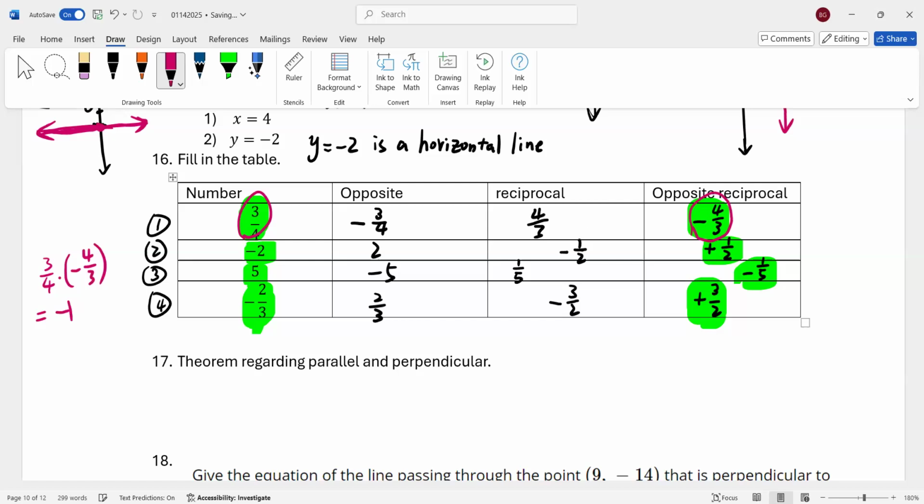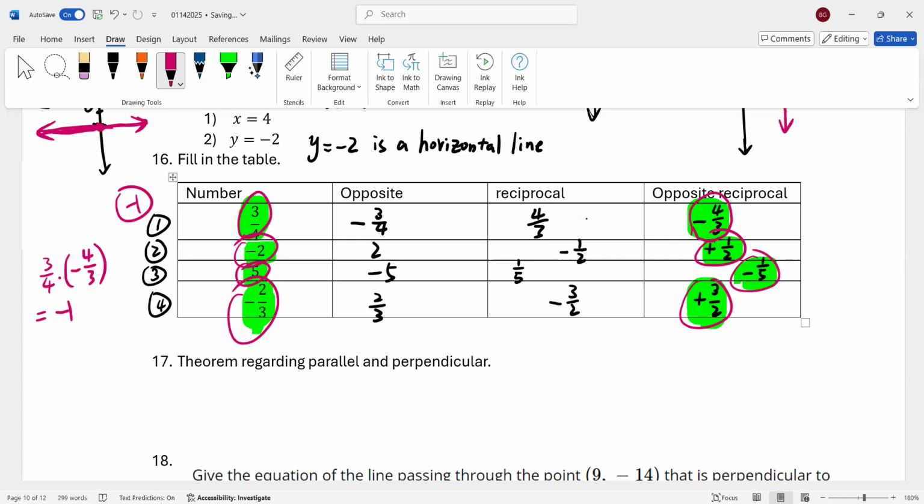Thank you. Exactly, -1. Perfect. This is not a coincidence. You can keep trying. -2 times +1/2 is also -1. 5 times -1/5 is -1. -2/3 times +3/2 is -1. The number multiplied with its opposite reciprocal gives -1.